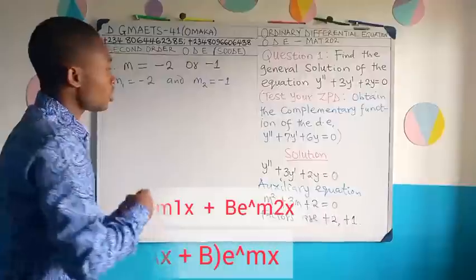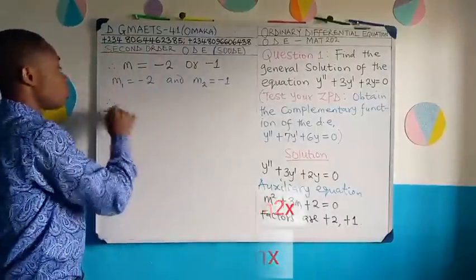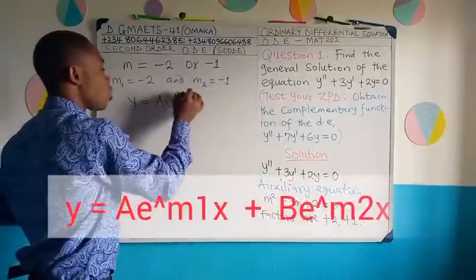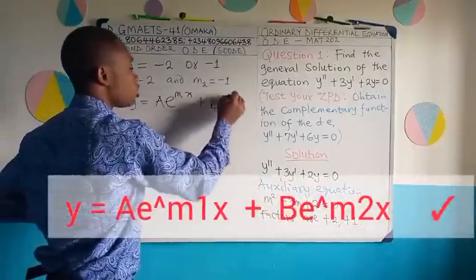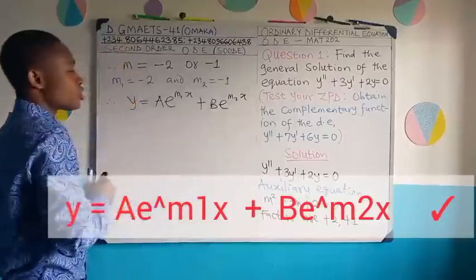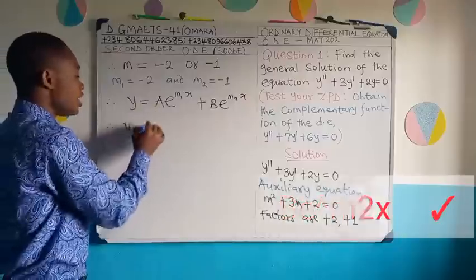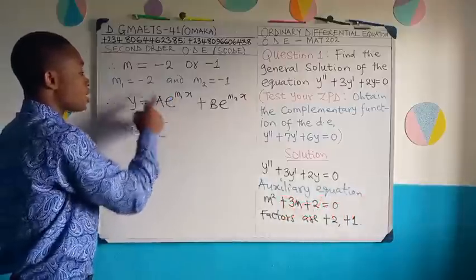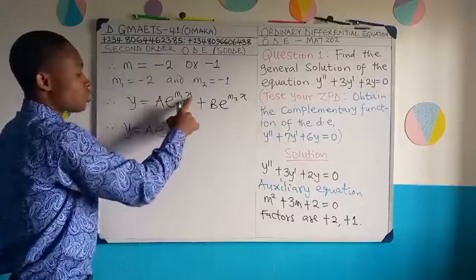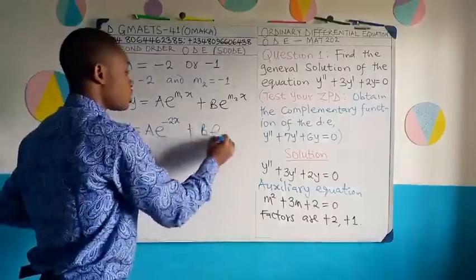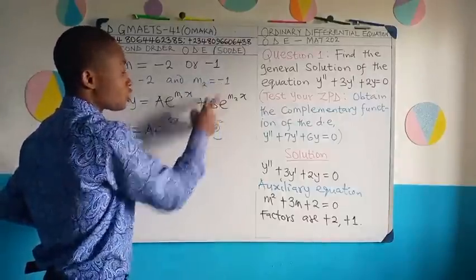It still works. Therefore, the solution becomes y equal to A exponential m1x plus B exponential m2x. If you substitute, our answer will be y equal to A exponential m1x, where m1 is minus 2, so you fix that. It becomes minus 2x, plus B, the second constant of integration, exponential m2x, where I chose minus 1.